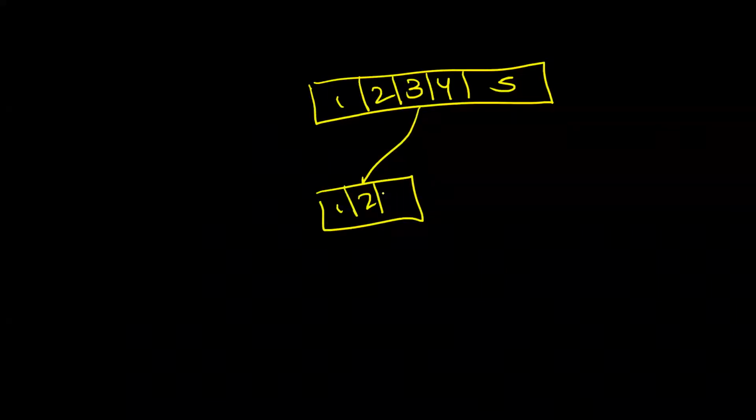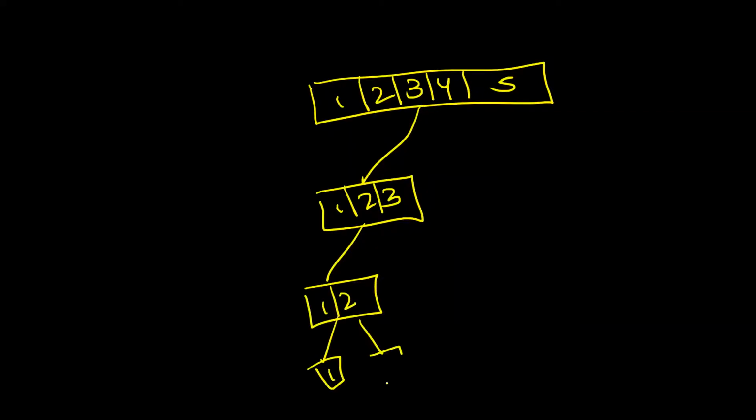Again, I will break it up, let's say 1, 2. Again, you will break it up, 1. Again, you will break it up, 2. And then you have to perform the merging, again and again. So you will see that even if your array is sorted, there is no change in the algorithm. Even for a sorted input, it will take big O of n log n time. So merge sort is not adaptive.